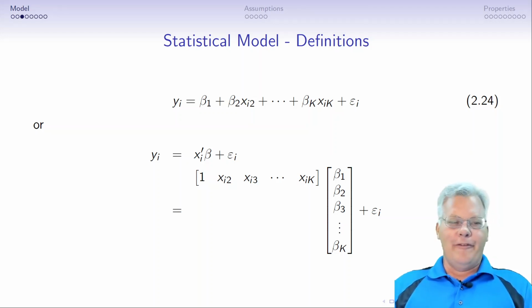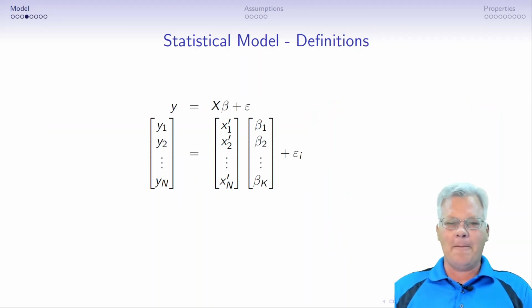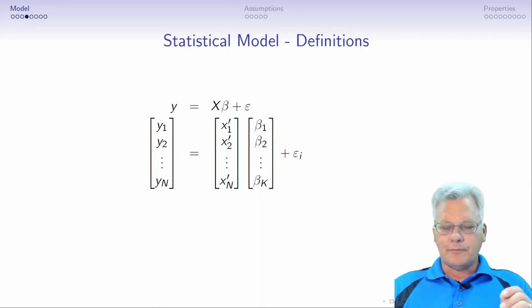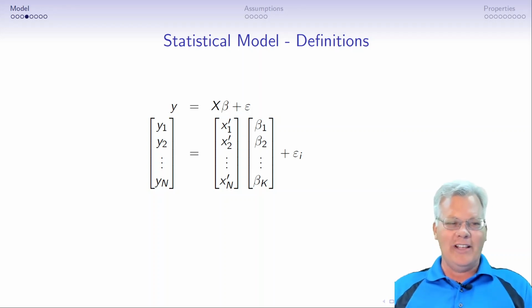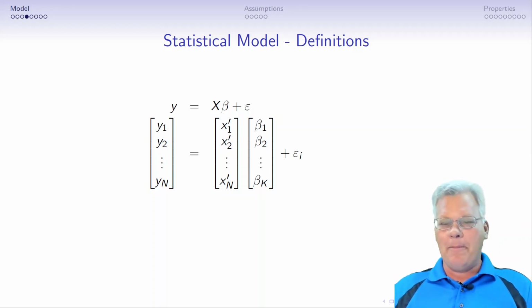So Verbeek denotes this as x sub i transpose, this column vector. And then reminding you of the matrix notation we defined last time, whereas before we used the vector of b's, the OLS estimates, now we have the vector of the betas, the true unknown population parameters.